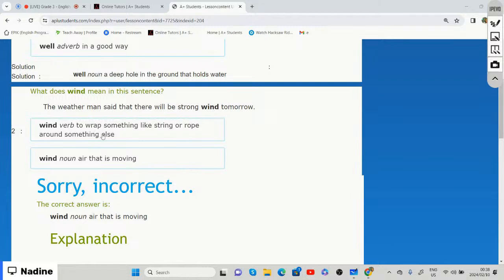It is to wrap something like string or rope around something else. Or wind, which is a noun, is air that is moving. So if we look at the sentence that says the weatherman said that there will be strong wind tomorrow, is it the first definition or the second definition?